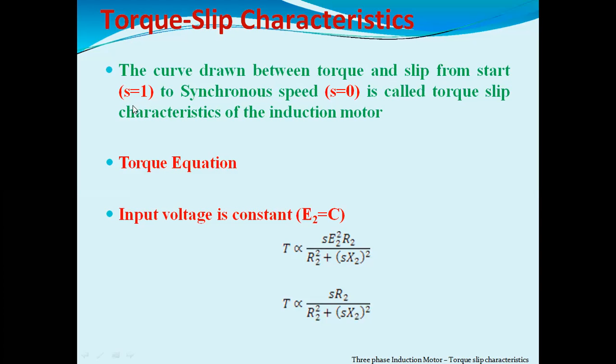So in the curve drawn between torque and slip, from the start we have slip equal to 1, because S equal to ns minus n upon ns and we take the starting capital N equal to 0.